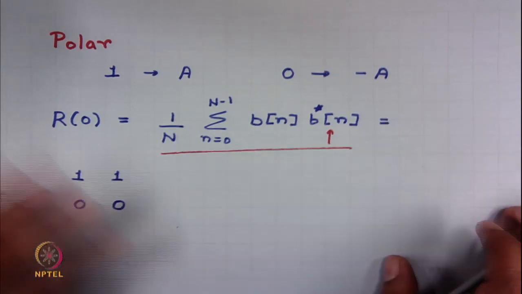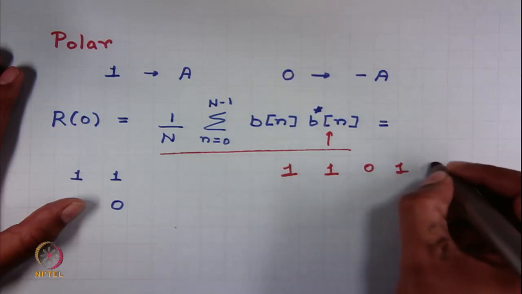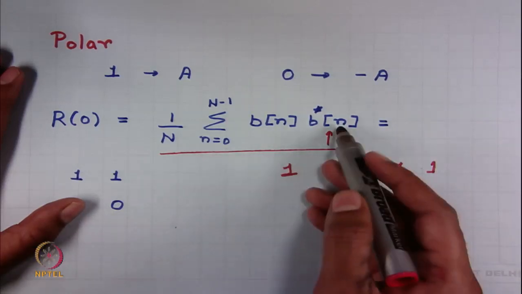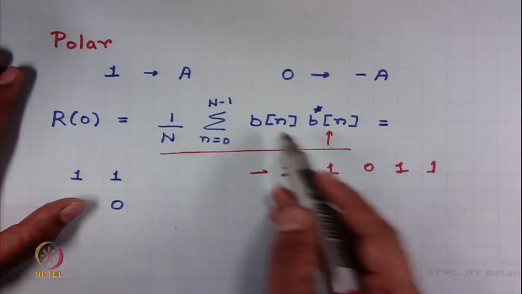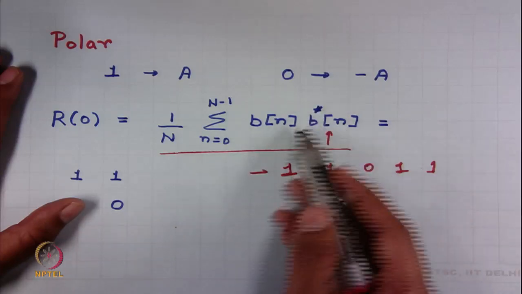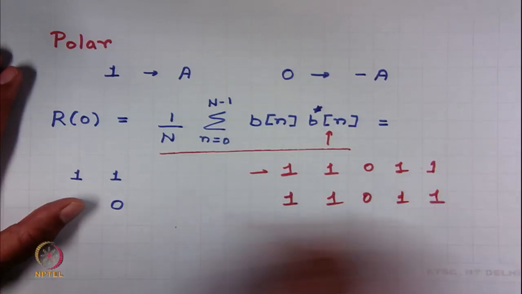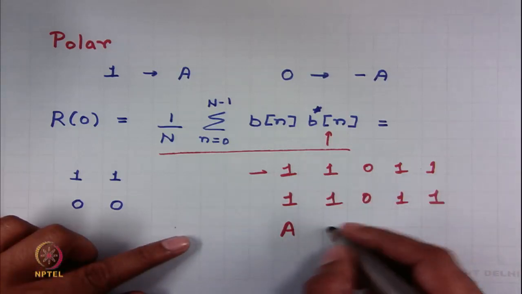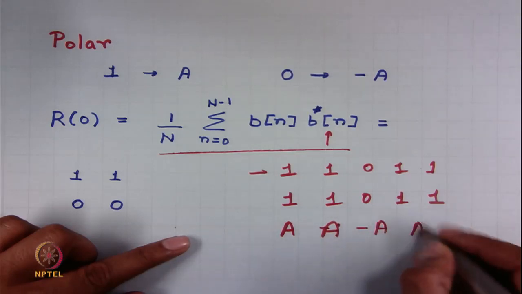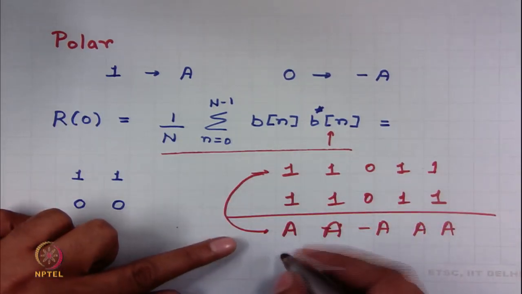So, let us assume that I have some binary sequence, it does not matter, and the next binary sequence that I have to take should be the same binary sequence as I have assumed here, because this is the same as this other than the conjugation, but conjugation really does not matter. So, I will have the same binary sequence, and then I can map this binary sequence to some voltages, like this.